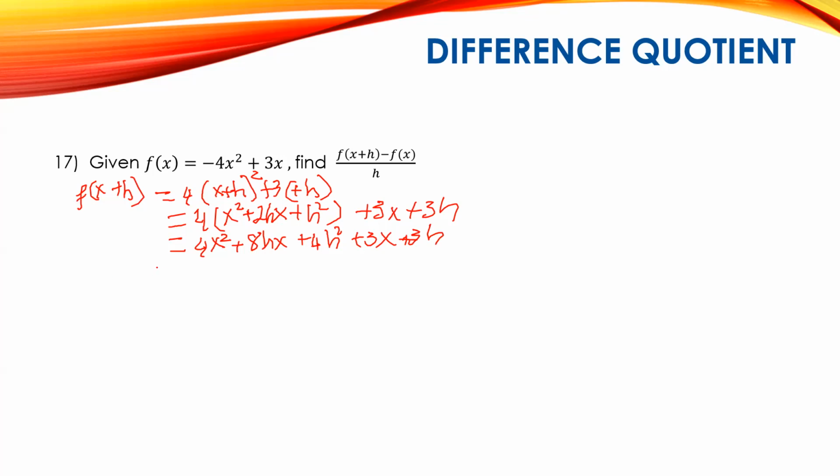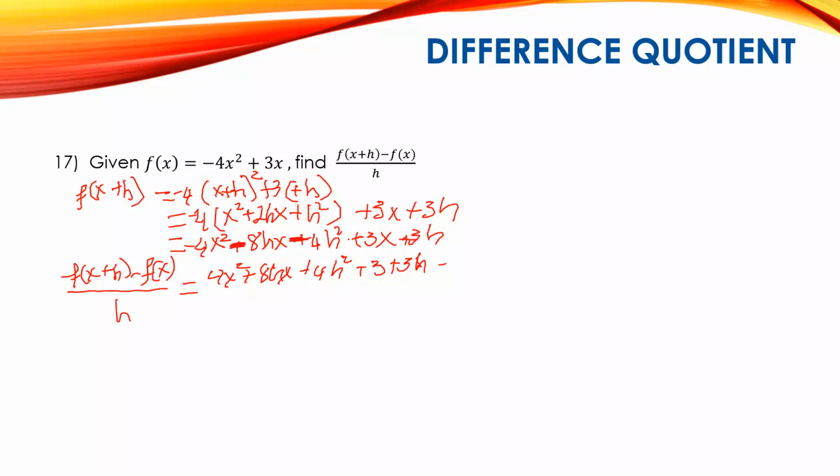And now we have f of x plus h minus f of x, over h. That will be 4x squared plus 8hx plus 4h squared plus 3x plus 3h, minus 4x squared. I don't carry the negative sign here, and this negative sign will make the terms negative instead of positive.